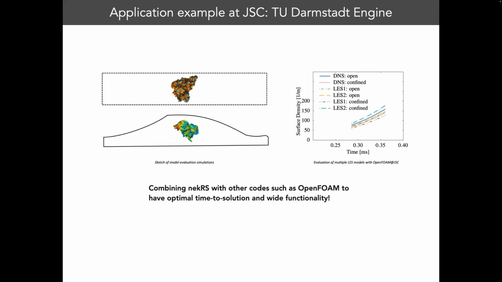So you can, for example, use the field computed with nekRS at full scale, and then map this into a much smaller OpenFOAM simulation where you have many more models available to study different LES models, as shown here for a flame kernel simulation. If you combine codes like this in your workflows, you can drastically reduce the time to solution, or even make workflows possible which would not be possible if you only used OpenFOAM.